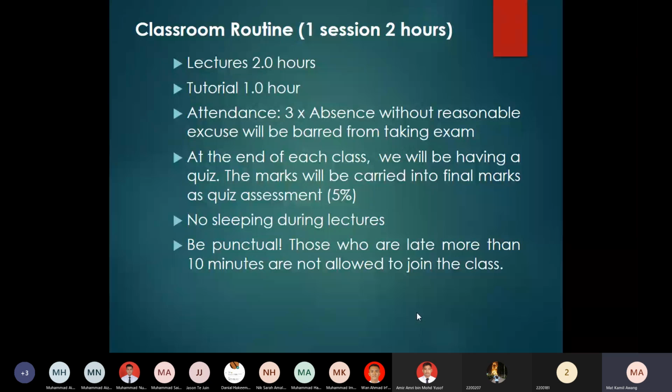But I'm a bit flexible on this because you are adults now, so you should know whether you should attend your lecture or not. I'm not going to bar you from taking the exam, but of course, if you don't attend the lecture, you will not be able to understand the material, so you fail the exam. So make sure that you attend the lecture and you ask questions if you are not clear.